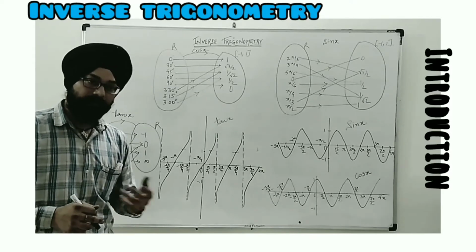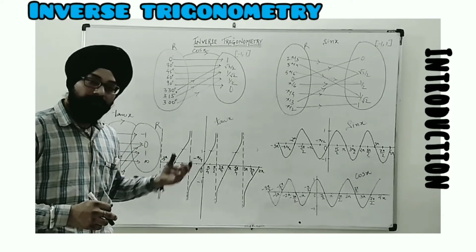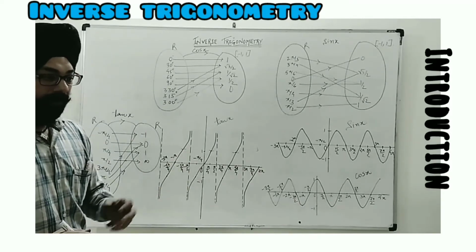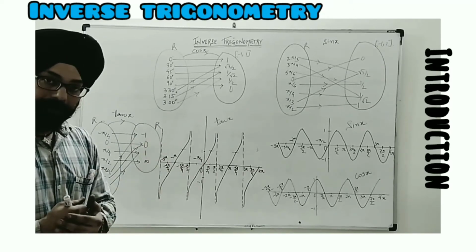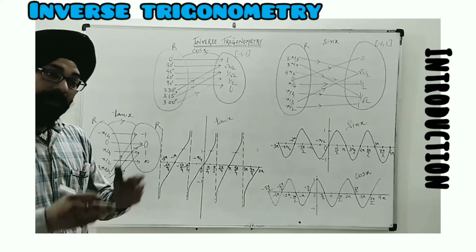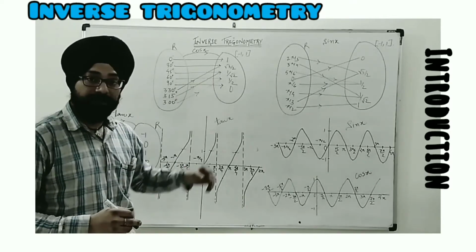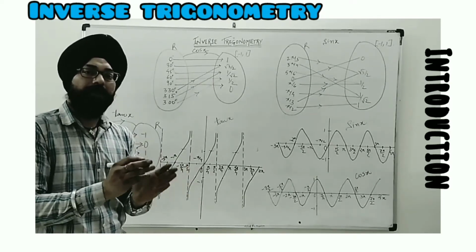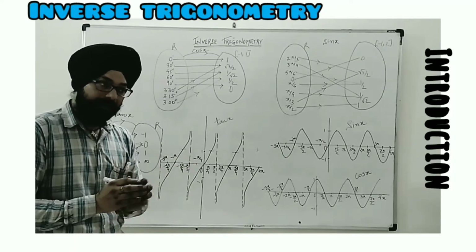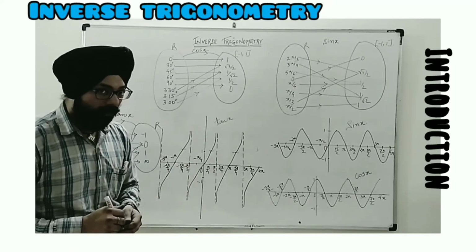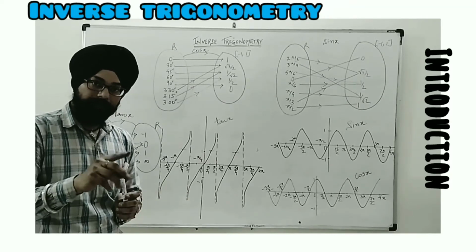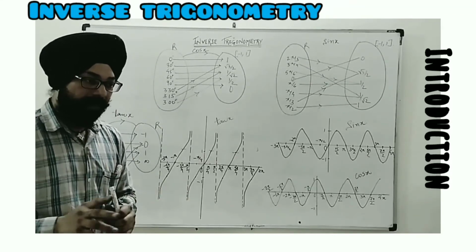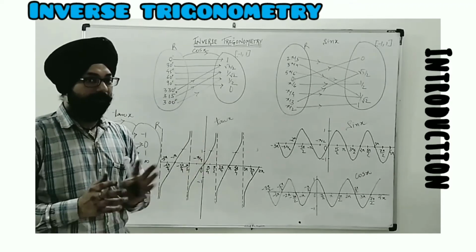Because of this, we fix their domain in such a way that these functions become bijective. That is, we consider these functions within a particular interval, so that there will be no repetition of images, and each element in the domain has exactly one image, and each image has exactly one element in the domain.